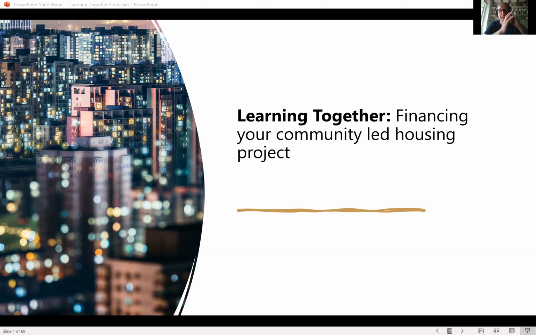So here we are, learning together, financing your community-led housing project. This session will run for about an hour, and it's kind of a broad brush rather than really getting down into the detail of some of it.